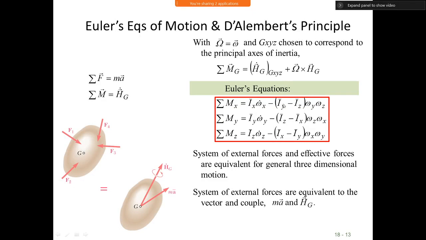And now we can say that if I have a body with some external forces, then this whole system is equivalent to this body with its center of mass accelerating with acceleration a, and therefore the net force is equal to ma, and the net moment creates a rate of change of momentum, which is Hg. So, now we can say that this system is equivalent to this system, and we can write equations for both of these systems, force equations and moment equations.